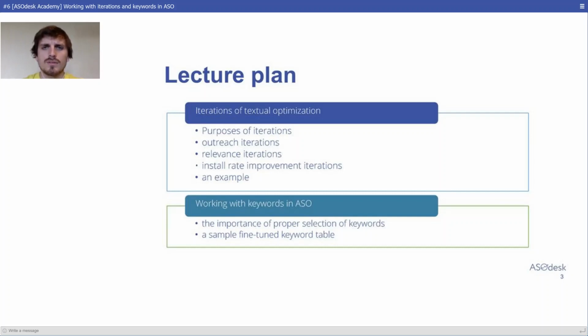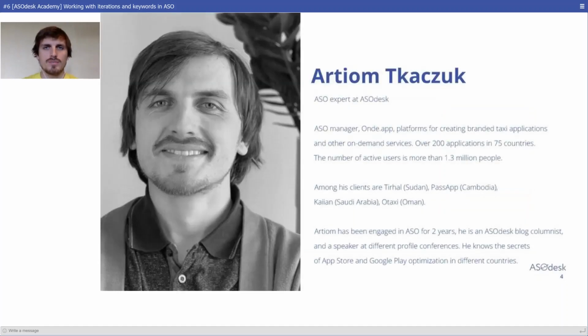We'll draw our attention to two important points. We will talk about the importance of proper selection of the keywords, and I will share with you some tips about a fine-tuned keyword table.